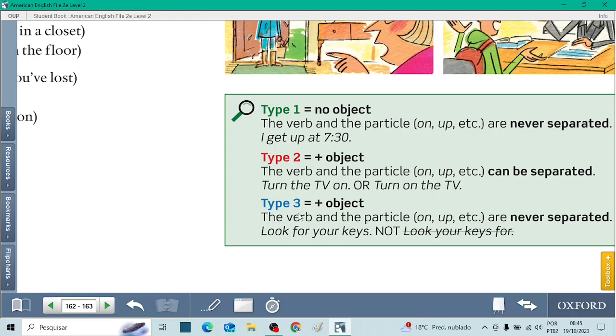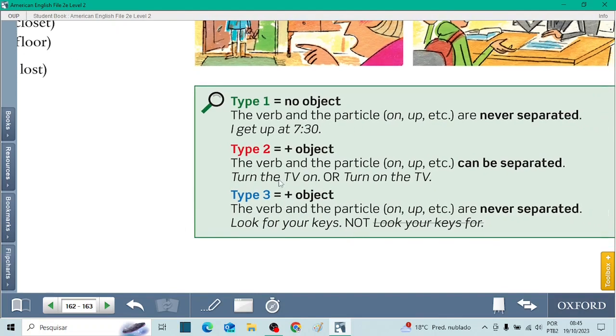Now, the verbs in type 3 we can also use with objects, but the particles and the verbs can never be separated. For example, look for your keys. It is not correct to say look your keys for.